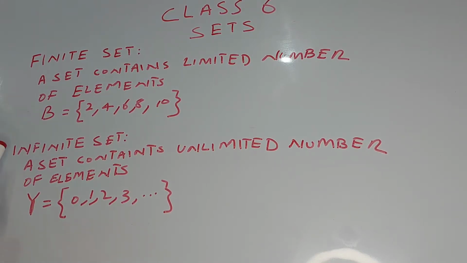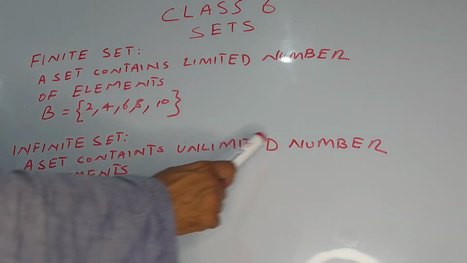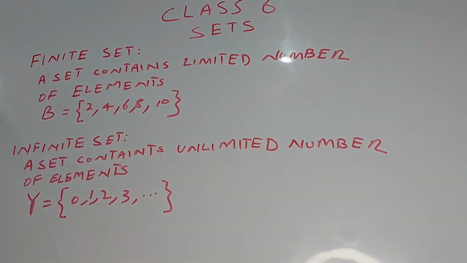And the second one is infinite set. A set contains unlimited numbers of elements that we cannot count. For example, set of even numbers, it contains all even numbers, we cannot count, so a set of even numbers has unlimited number of elements, therefore it is called infinite set.